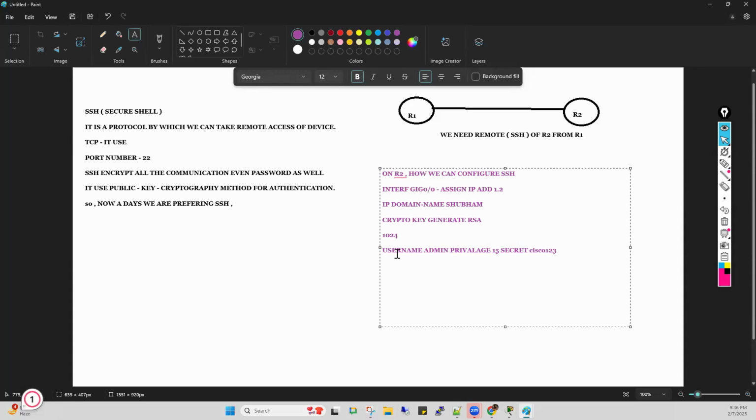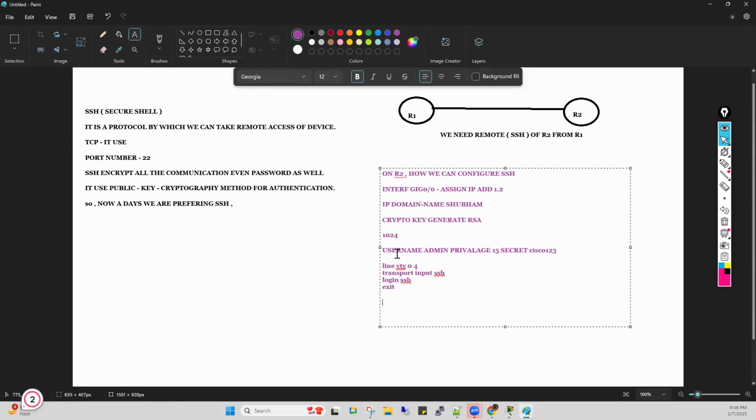After this, the same thing that you did in Telnet you need to do. For example, line vty 0 4. After that, transport input ssh. Then login local, exit.